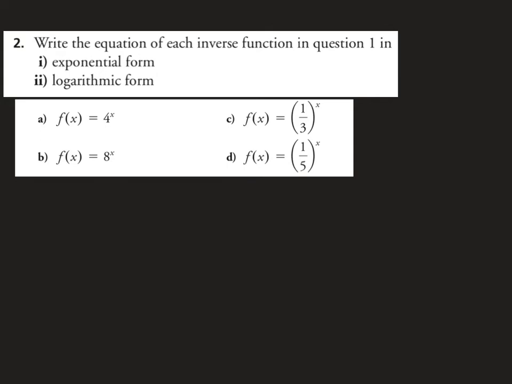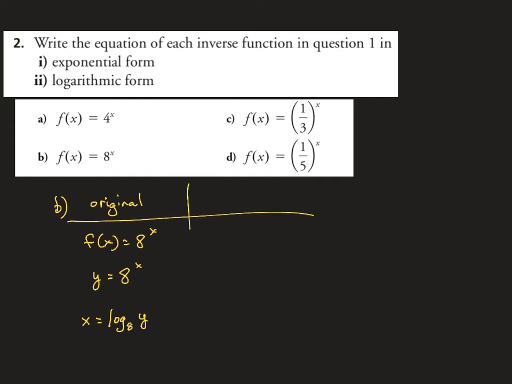All right, part B. We've got our original f of x equals 8 to the power of x. I'm just going to write y equals 8 to the power of x, and by the way, this could also be written as x equals the log of y base 8. That's the original.